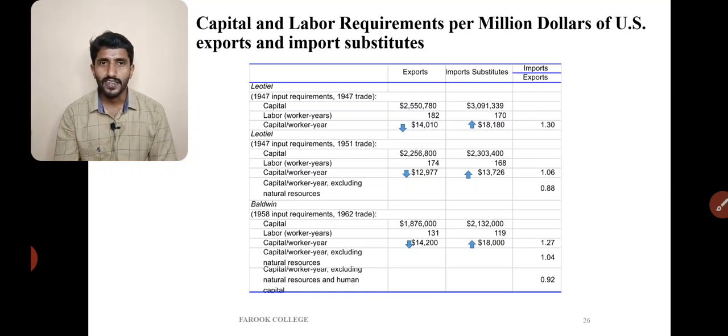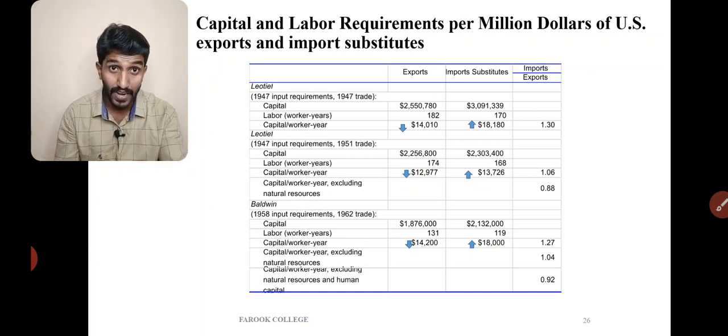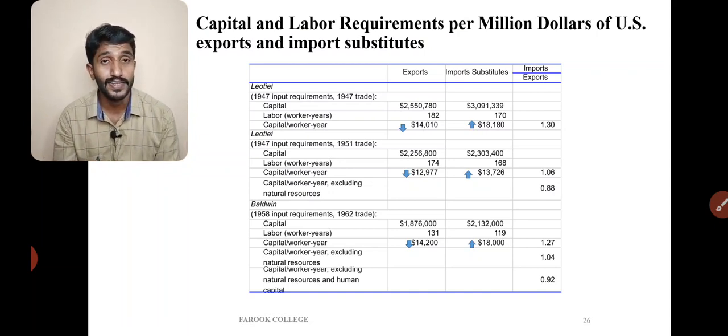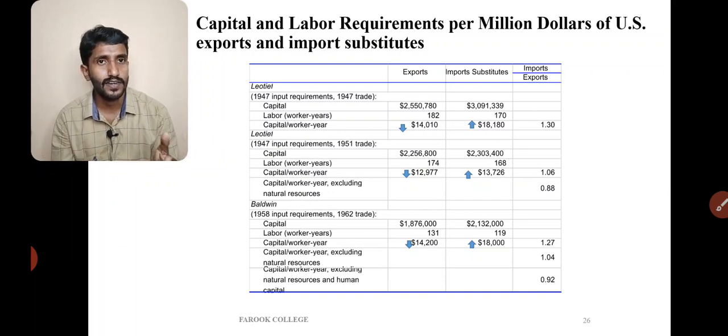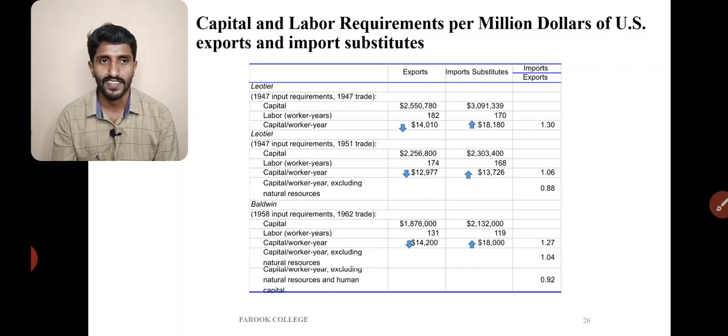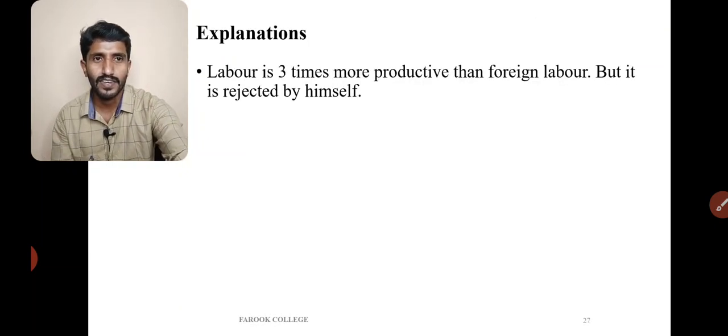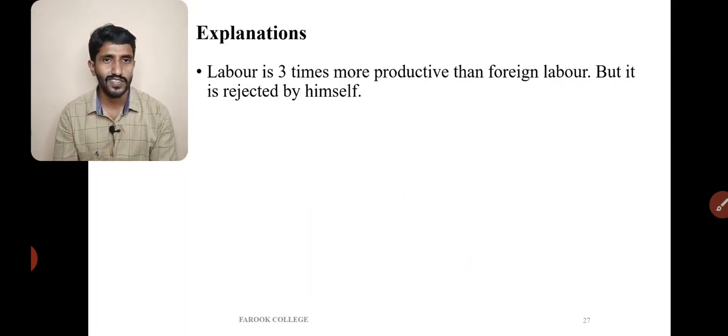It means that the import substitutes are more capital intensive than exports, just the opposite of HO theory. Baldwin also did the same analysis and found that import substitutes are more capital intensive. So this became a very interesting analysis and finding, and it started more debates on this topic.